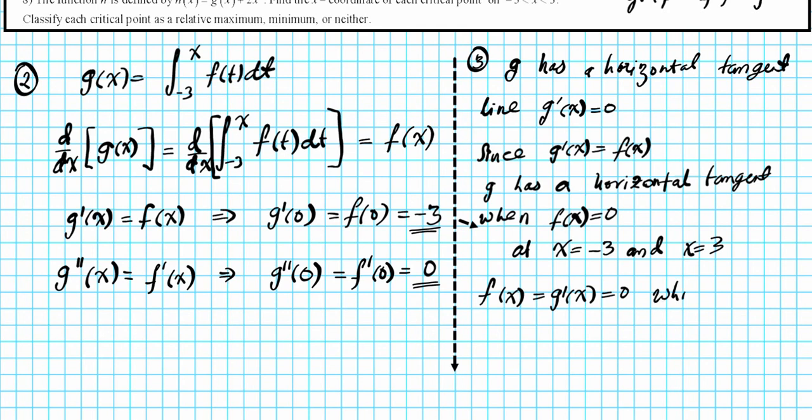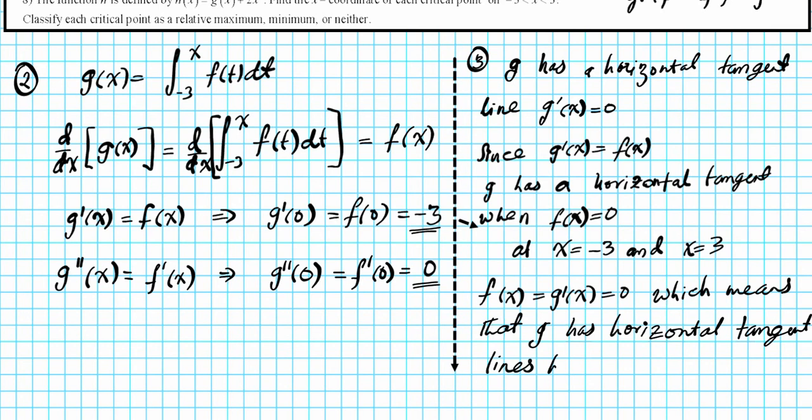Okay, which means that g has horizontal tangent lines here. Okay, so I'm just writing all this in case you're asked to justify your answers when you're answering the question. Now let's move on to the lesson.